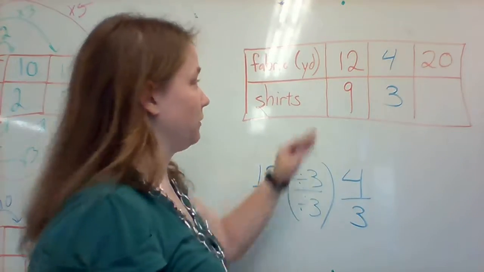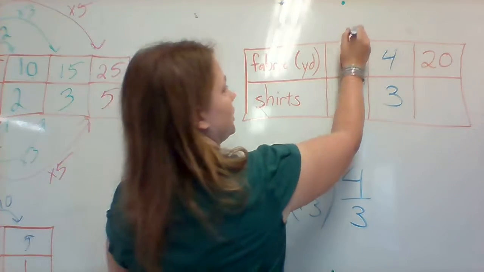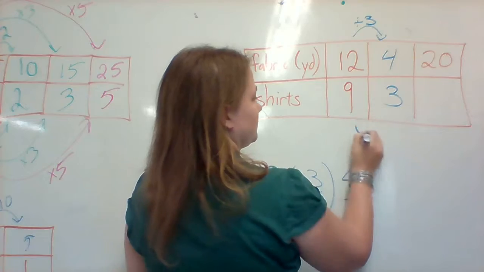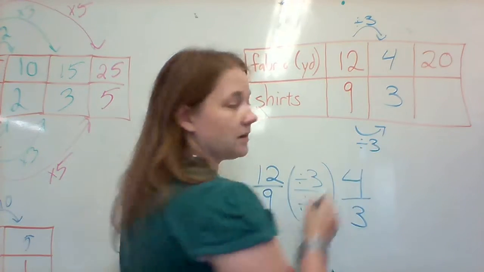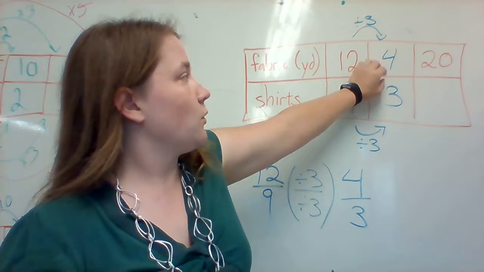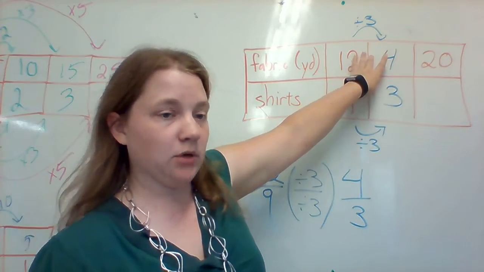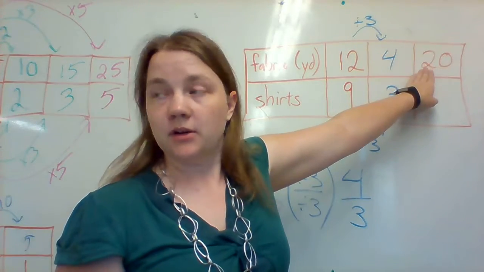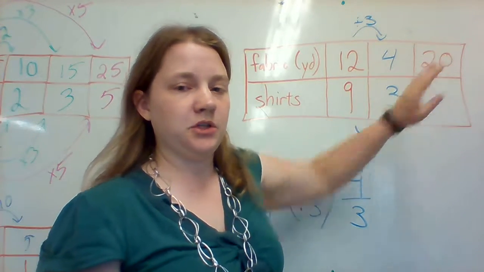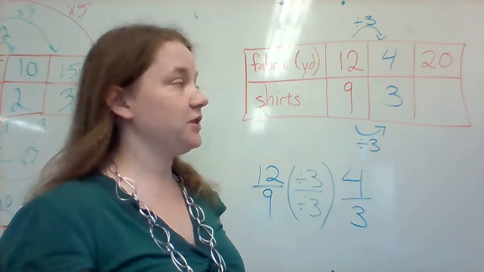If you were to show your work in the table, you would have shown dividing by 3. Now that we have our 4/3, we're going to go from this number to get over here. How did we go from 4 to 20 using multiplication or division?